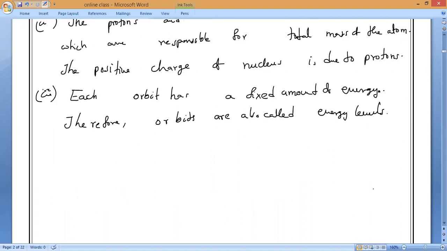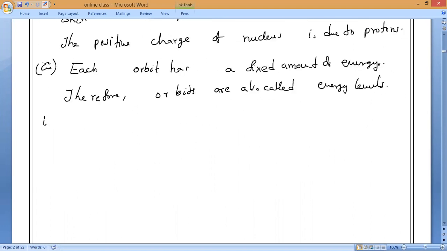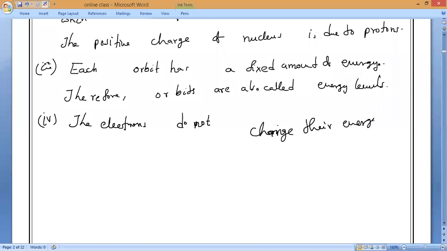Okay, so at normal conditions, they are not going to lose their energy anymore. That is what you have to remember. That is why electrons will never radiate energy. So the electrons do not change their energy levels under normal conditions.